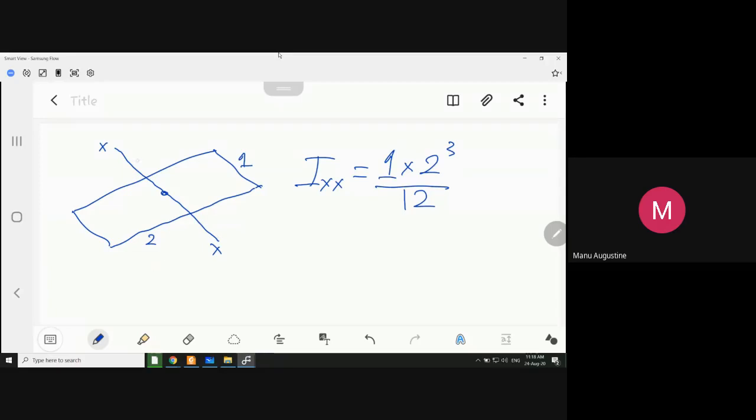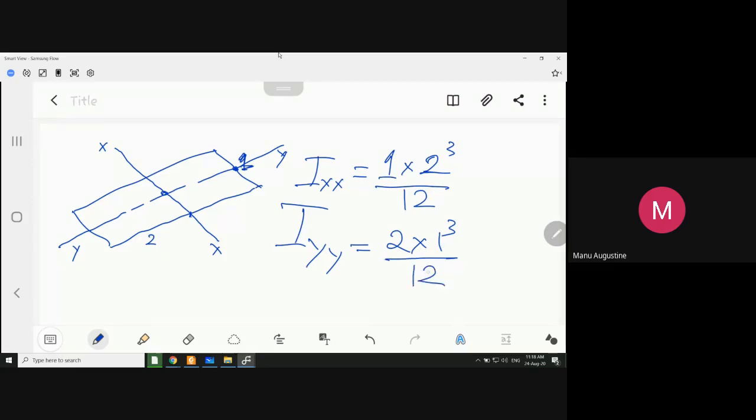Since the x axis is cutting the side 2, the cube will be of side 2. Now what will be the moment of inertia about axis YY? Now as you can see, the side that is being intercepted by the axis is the one with length 1. So Iyy will be 2 into 1 cube by 12.